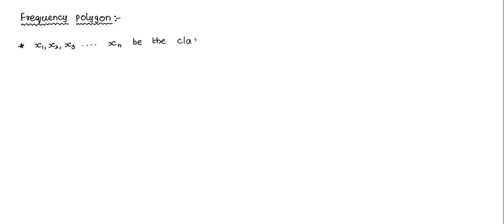We know class marks are upper limit plus lower limit by 2, that you already learnt, right? And second, f1, f2, f3 and so on up to fn are the corresponding frequencies.